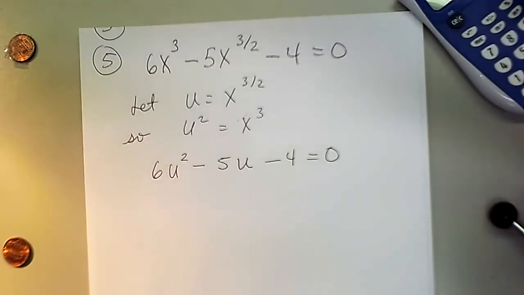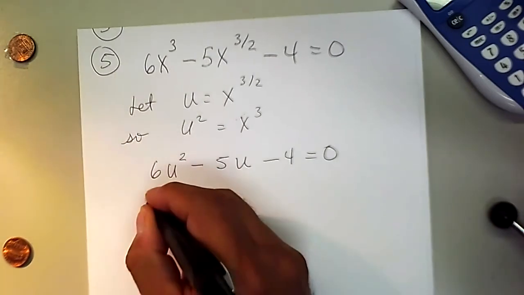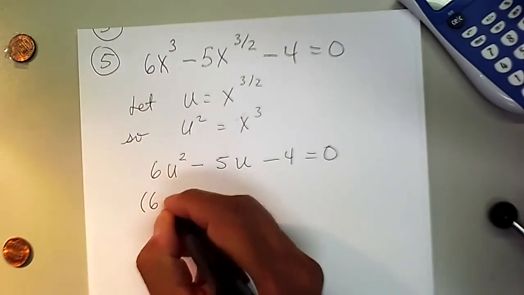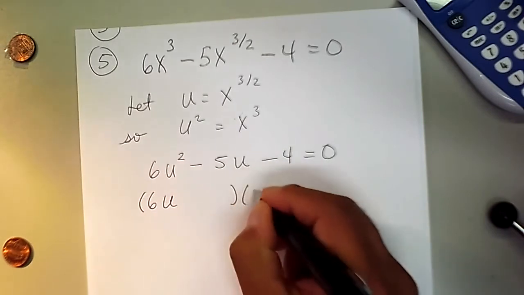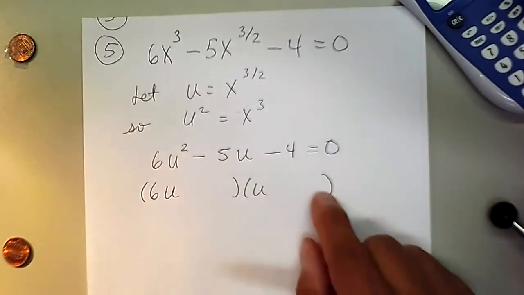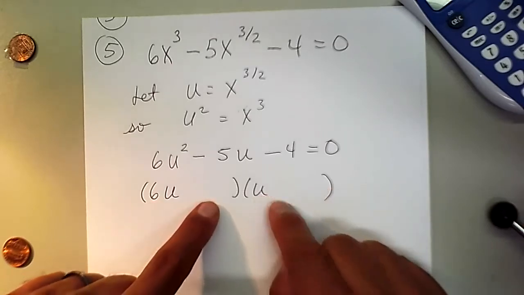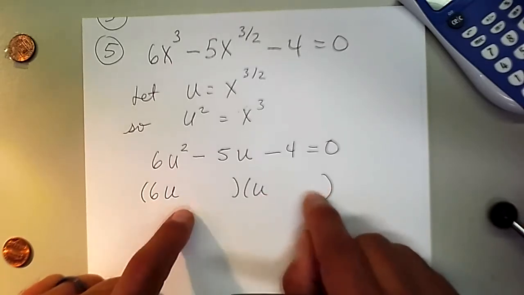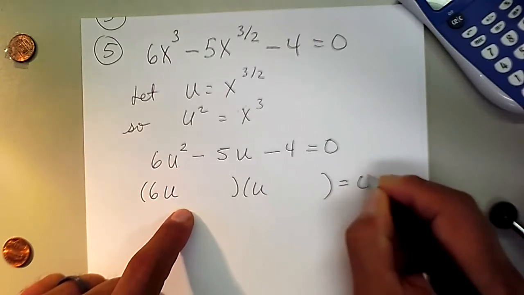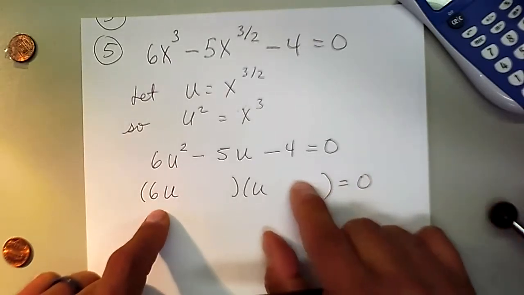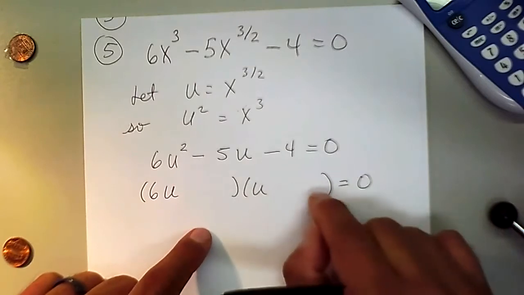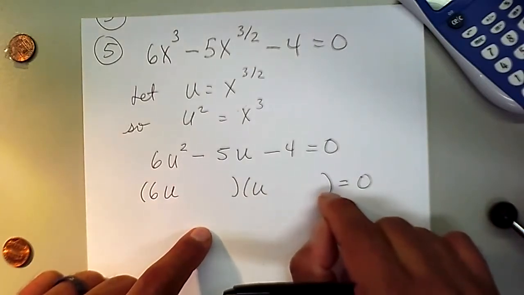Let's think about this. I'm trying to factor. Let's see. If we were to factor, I'm going to try 6u and u. And then if we have 2 and 2, nope, that doesn't seem to work. So I'm playing the guessing game, and that's okay, because there are only so many guesses to go through.